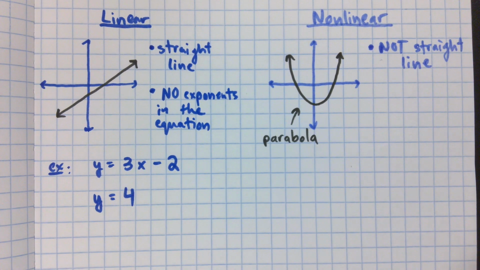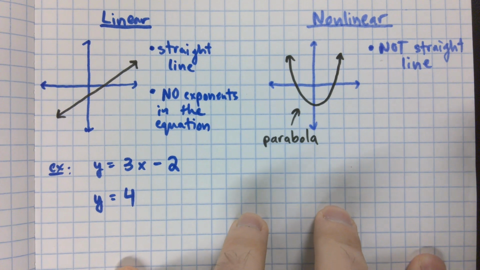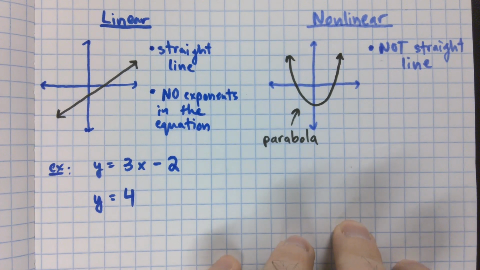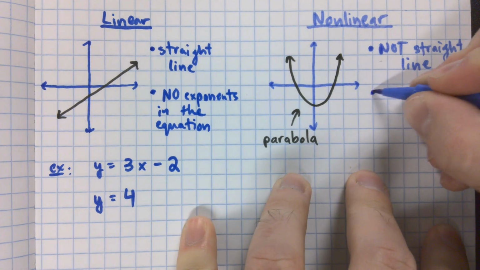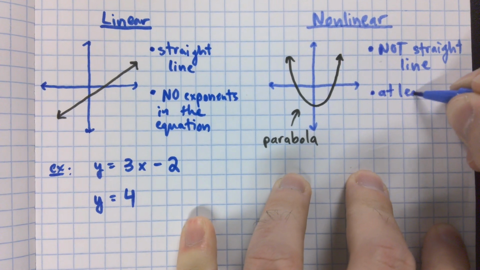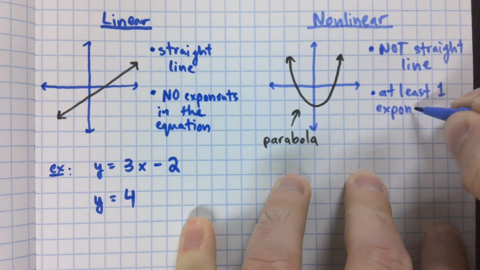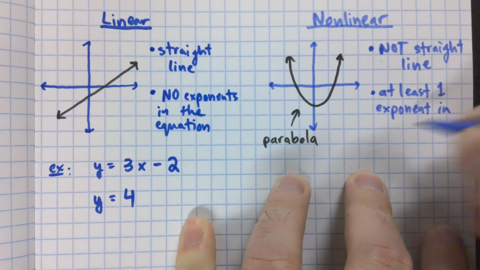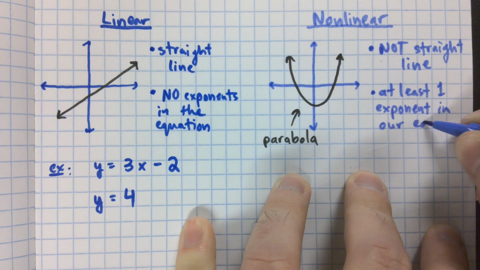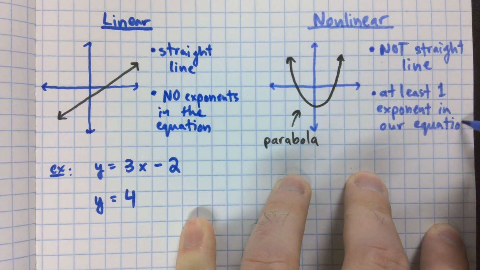No. It's a curved line. And there's going to be at least one exponent in our equation for this line.